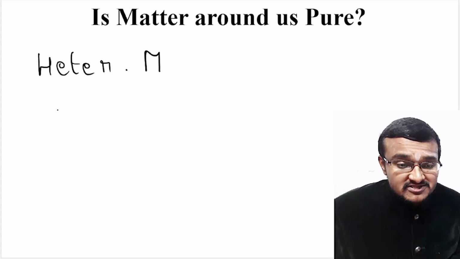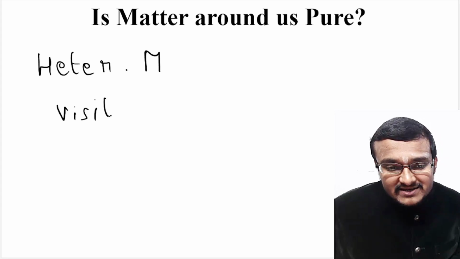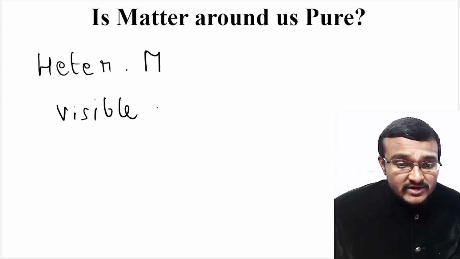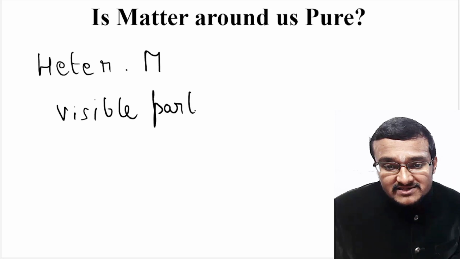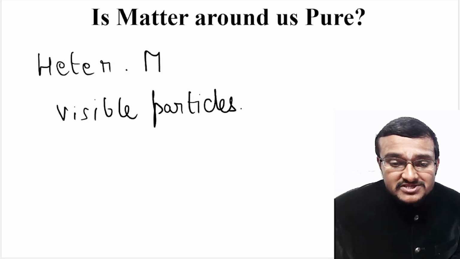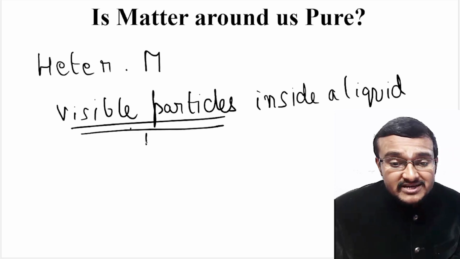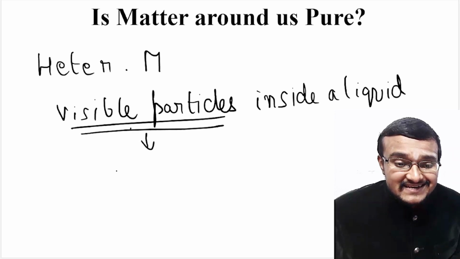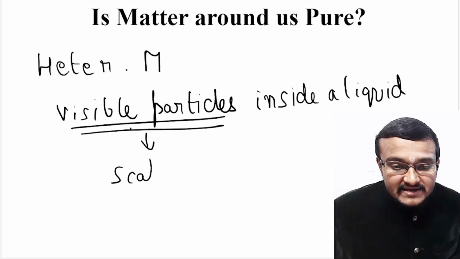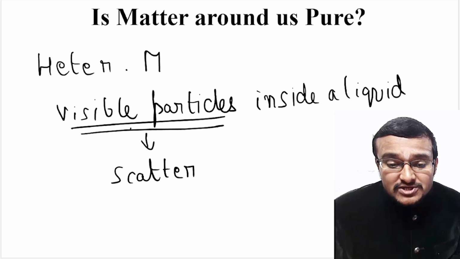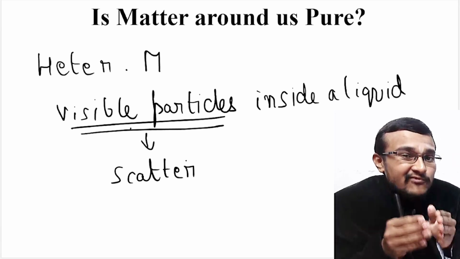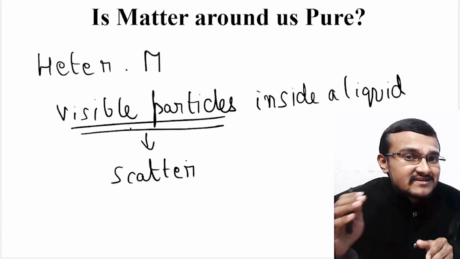So in a heterogeneous mixture, there will be visible particles inside a liquid. Because there will be visible particles inside a liquid, these visible particles can easily scatter a light ray, and it can make the path of the light ray visible inside the liquid.